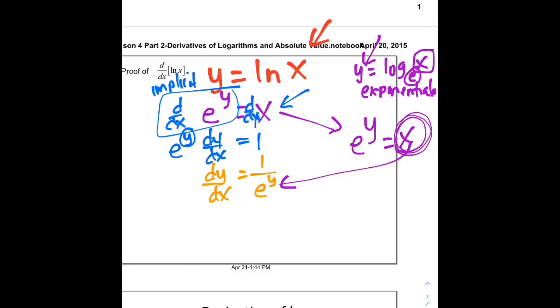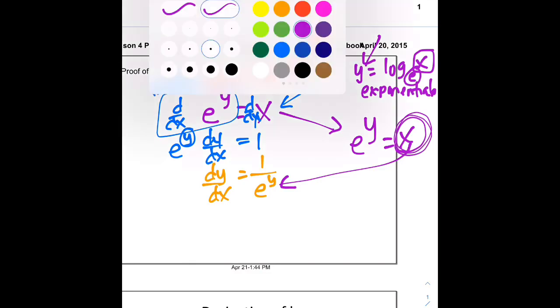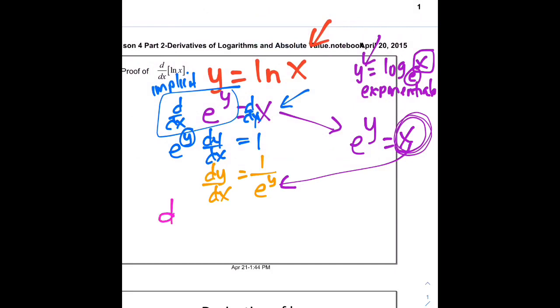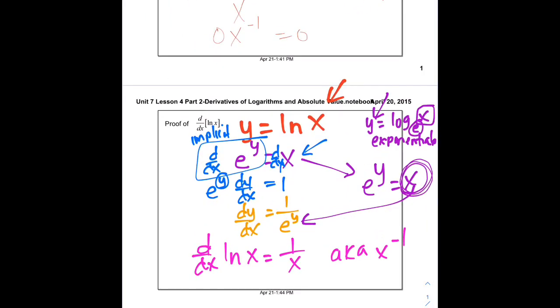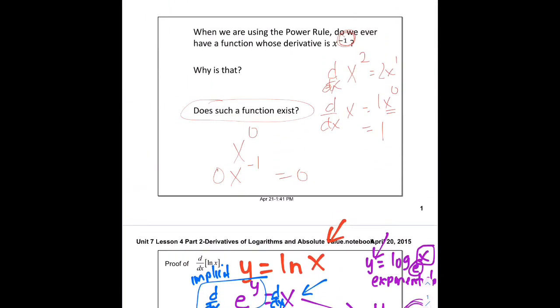So friends, the derivative of the natural log of x is 1 over x, aka x to the negative first. So going back to our original question, when we are using the power rule, a polynomial doesn't yield a derivative of x to the negative 1, but a natural log of x does.